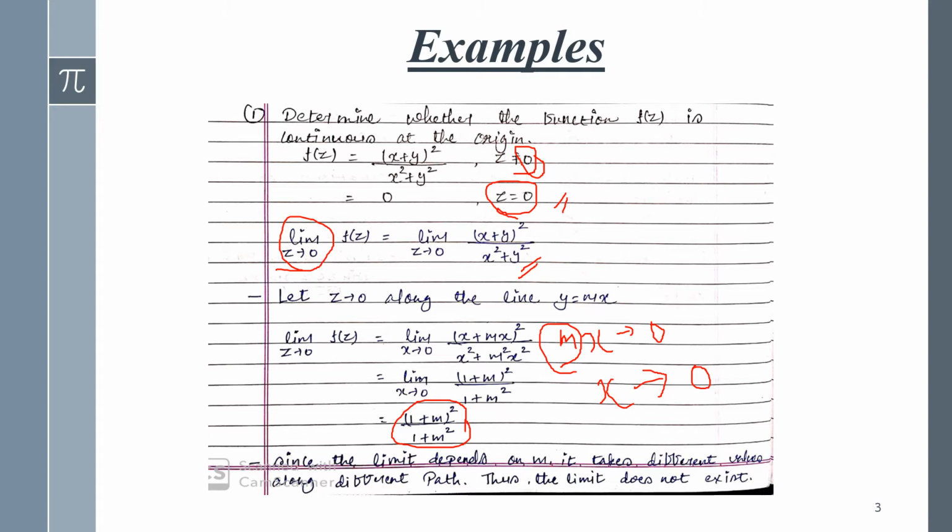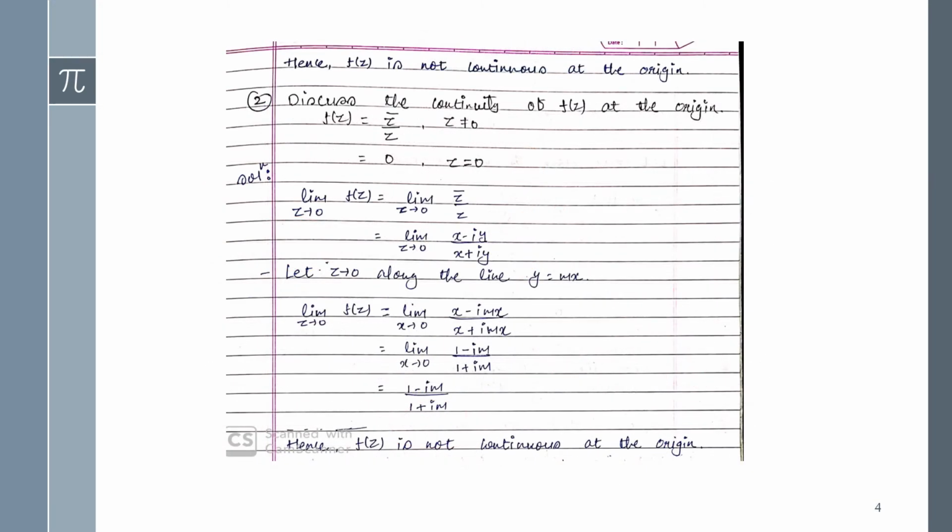It takes different values along different paths. Thus the limit does not exist. See, if we put different values of m, then the path will change, right? So that's why I have written that it takes different values along different paths. Thus the limit does not exist, and hence we can say that the given function is not continuous.